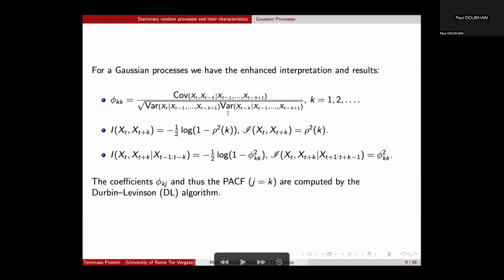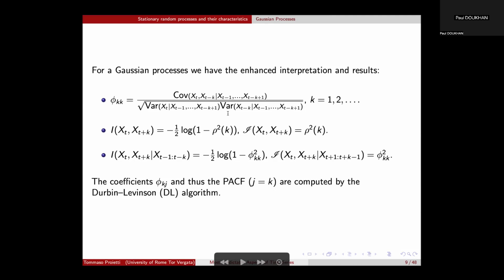Now, for Gaussian processes, the world is very nice and easy. So phi_kk is a conditional correlation. And the mutual information between x_t and x_{t+k}, so the current value and the future with a lead time of k, is just a function of the autocorrelation at lag k. So it's this transformation of the autocorrelation at lag k. And the mutual information index is the square of the autocorrelation coefficient.